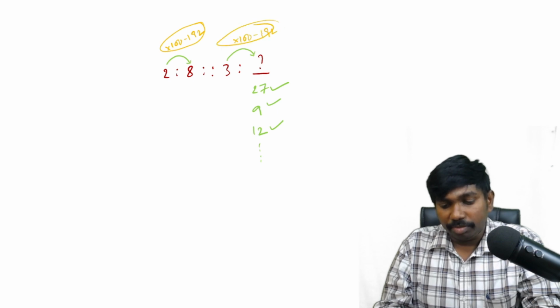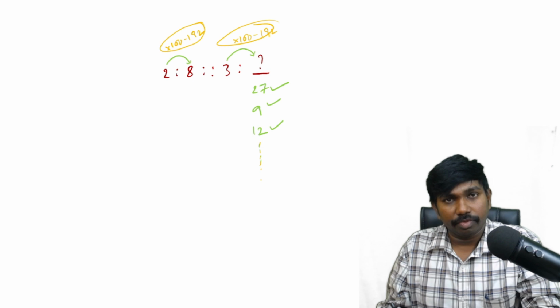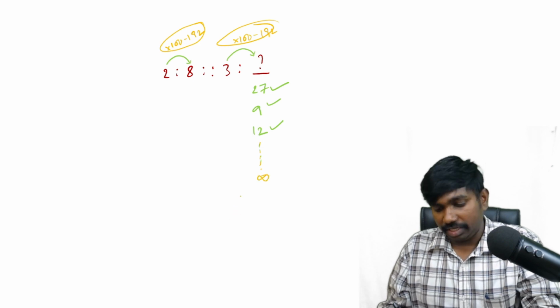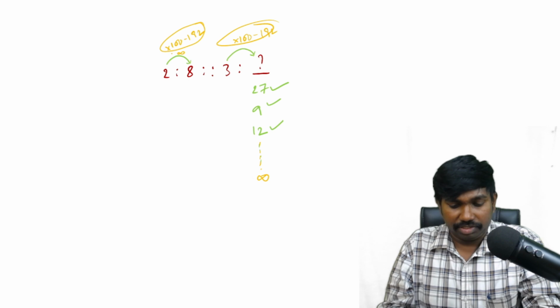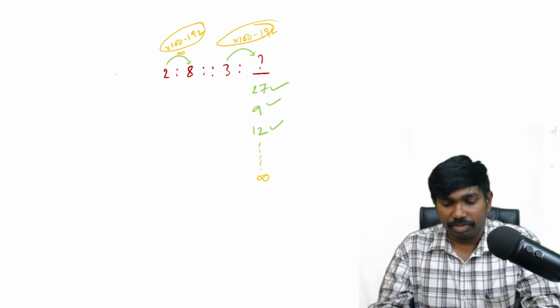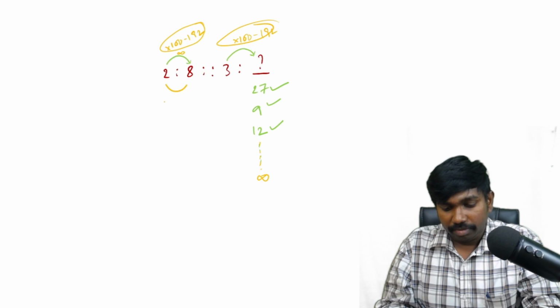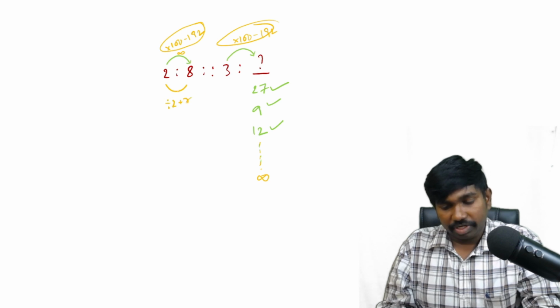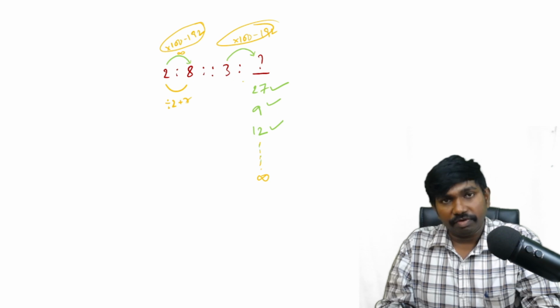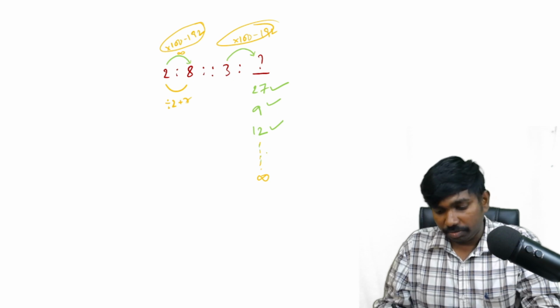How many answers will we get in this way? We can get infinite, unlimited answers, using unlimited logics like into 100 minus something, into 1000 minus something, into 1 lakh minus something, or even divided by 2 plus 7. Yes, 2 divided by 2 is 1, plus 7 is 8. In the same way, 3 divided by 2 is 1.5, plus 7 is 8.5. That can also be the answer. In that way, we'll get infinite answers.